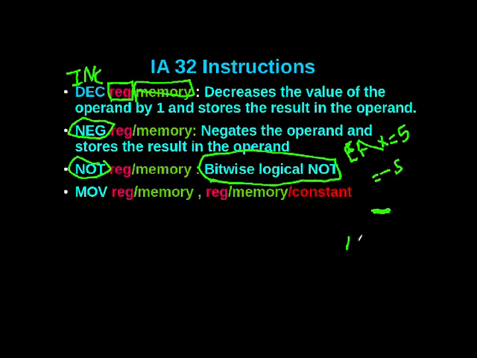If I had 1 0 1 0, what's the not of it? All of it flips, like the one's complement. But usually it takes 1 bit. So if I take 1 bit, 1 becomes 0, and 0 is 1.